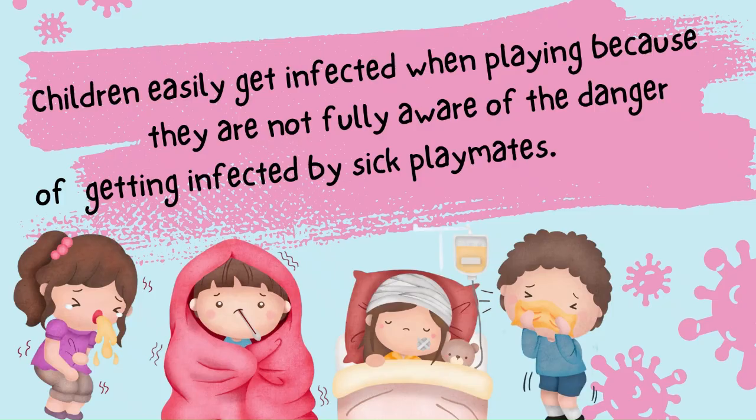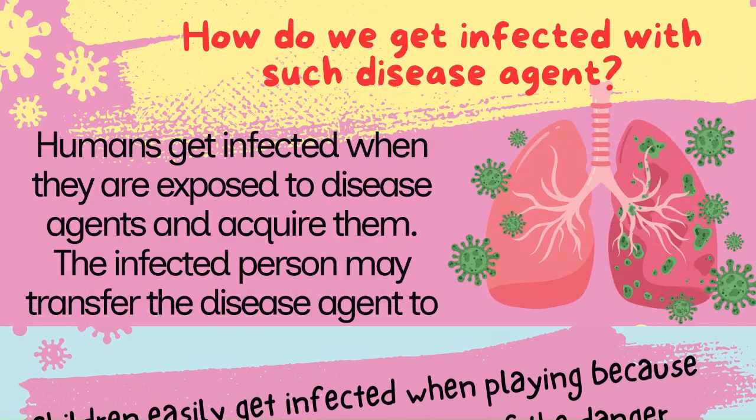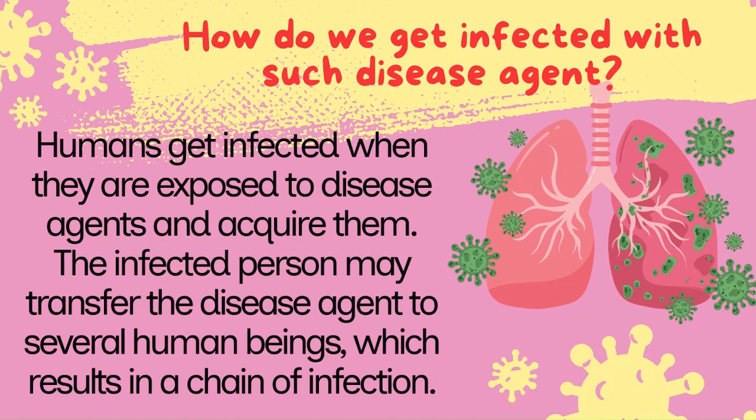Humans get infected when they are exposed to and acquire disease agents. The infected person may transfer the disease agents to several human beings, which results in a chain of infection.